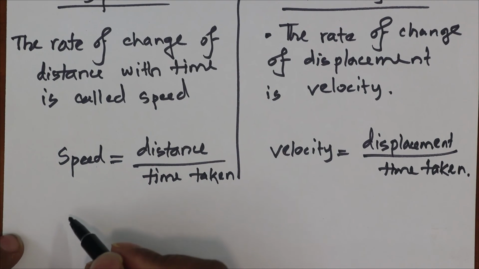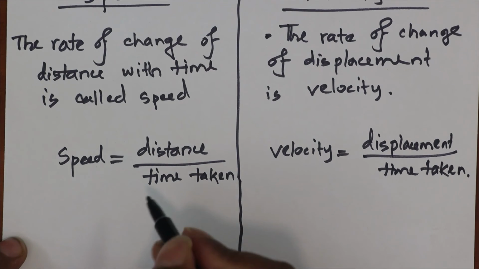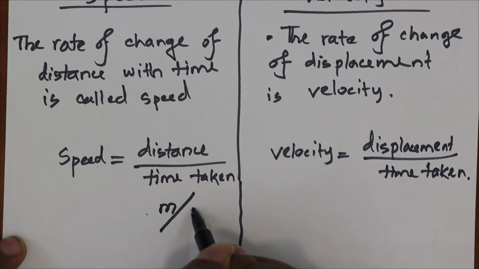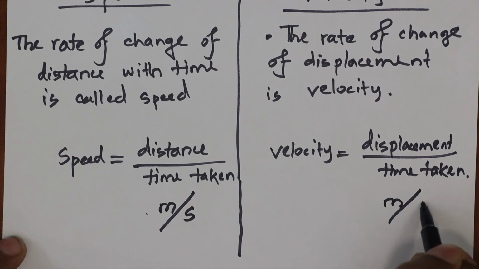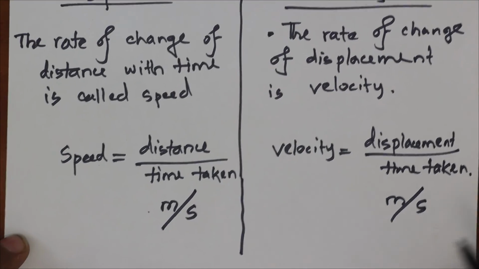So speed is a scalar quantity and velocity is a vector quantity. The unit of both speed and velocity is the same, meter per second.